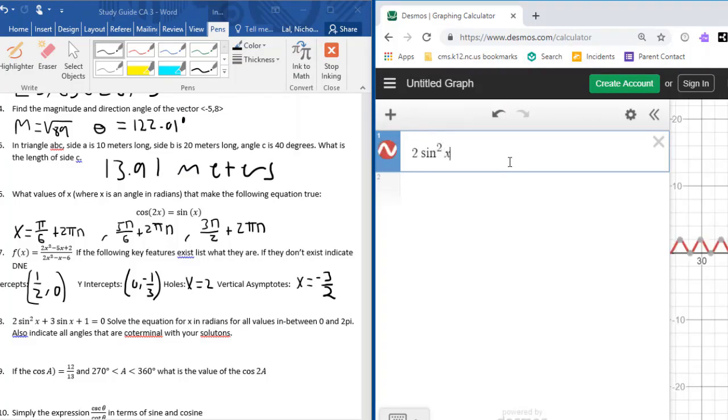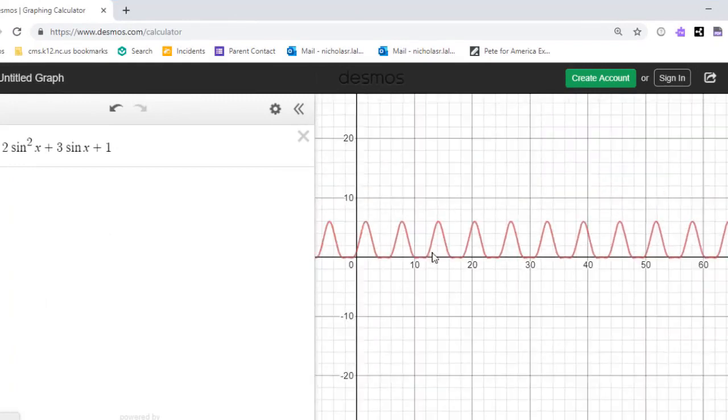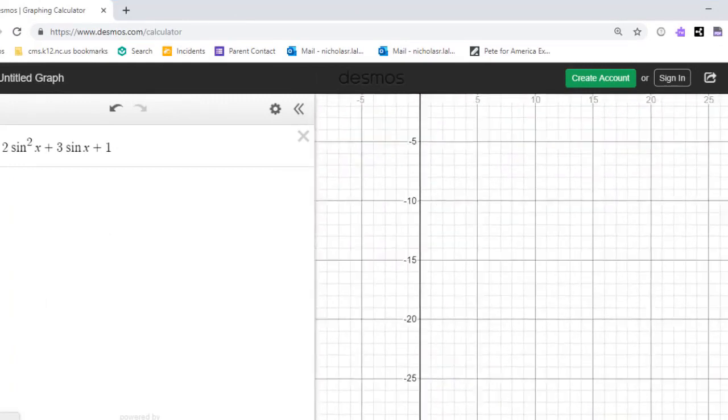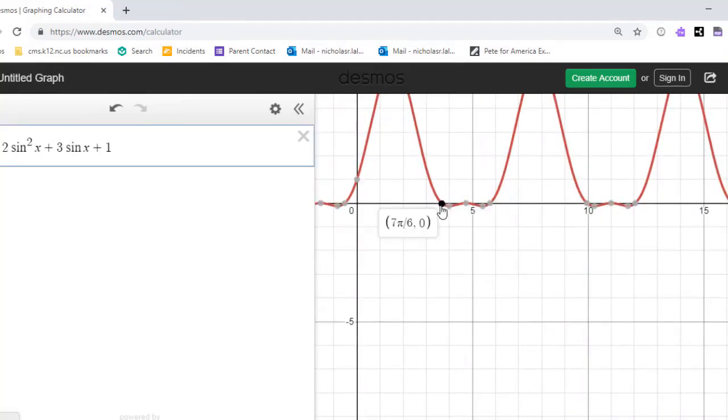2 sine squared of x plus 3 sine of x plus 1 is equal to 0, which means we are looking for the values at which this intercepts the x-axis. So this would be equal to 0 at (7 pi over 6, 0), (3 pi over 2, 0), and (11 pi over 6, 0).